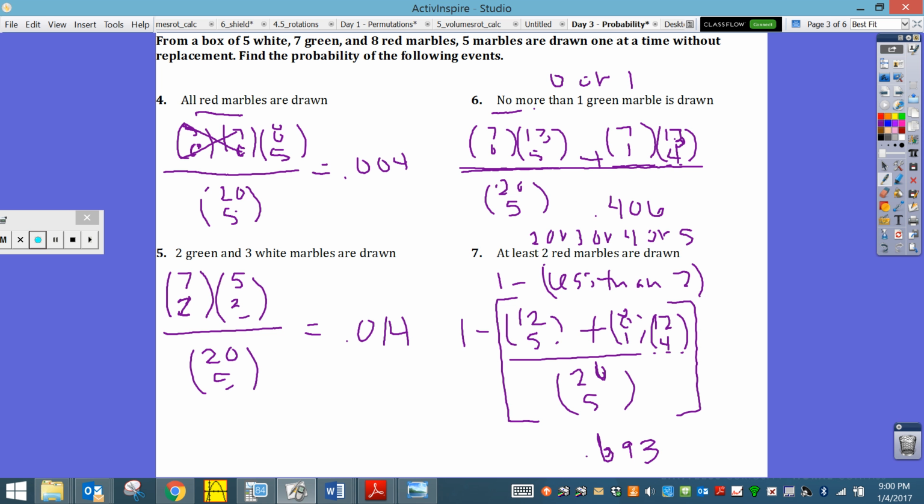All right, so you're looking at it was 1 minus 0.307. Okay, so when I type in this big fraction, with the 12 choose 5 plus 8 choose 1 times 12 choose 4, all over 20 choose 5, I should get 0.307. 1 minus that, okay, so the probability that at least 2 are drawn from this pack is 0.693.